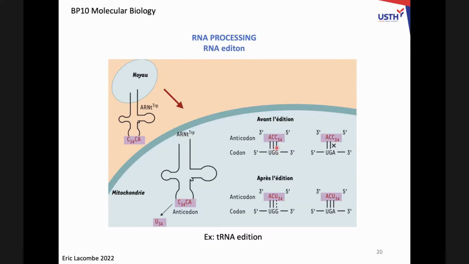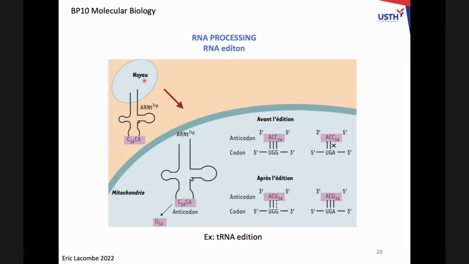Okay, it's like that. But instead of producing another tRNA with a different anticodon, so in that case it is UCA and not CCA, the C can be converted to a U, okay, chemically. I mean, it's by an enzyme, but it's not during transcription.